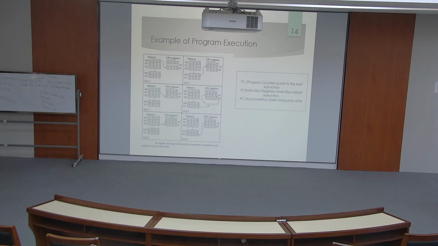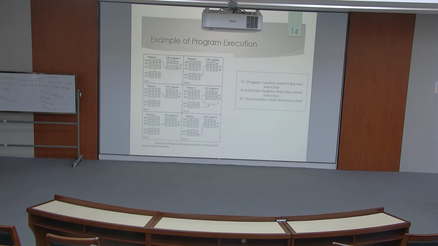Then we have the content at this memory location, which is loaded into the instruction register. Now we have 2941. Then we see that the content of the accumulator register has been updated because of the addition that has been done here.